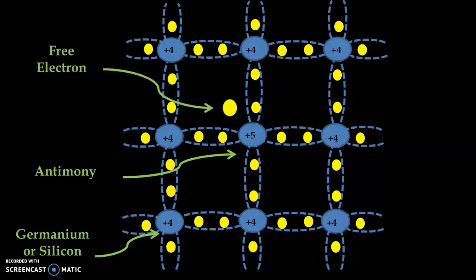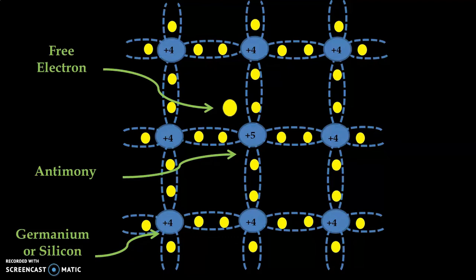The energy required to make it a free electron is very less. Even at room temperature, the heat energy is imparted and the electron can be made a free electron. For example, 0.02 electron volt is required for germanium and 0.05 electron volt is required for silicon.